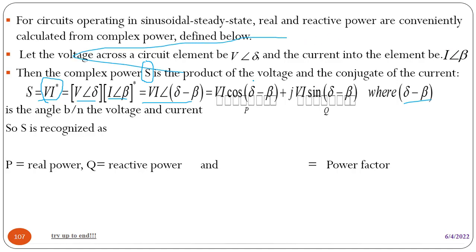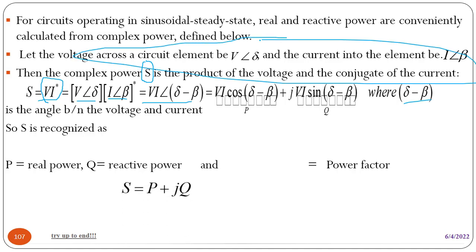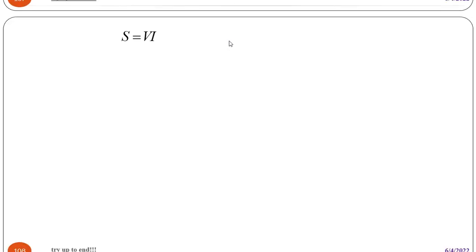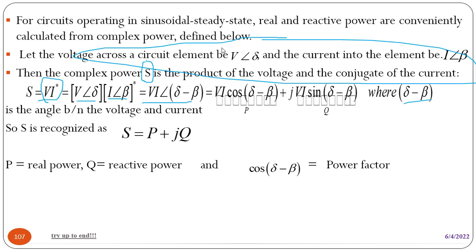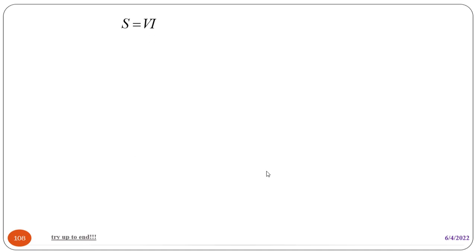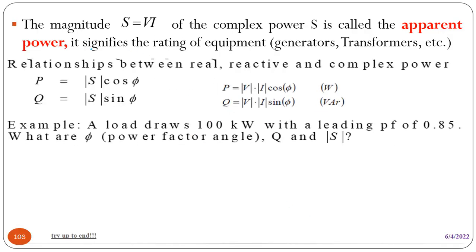The complex power is the sum of active power and reactive power, where P is active power, Q is reactive power, and cos of the angle is said to be the power factor.